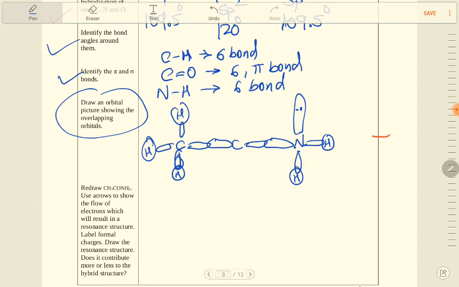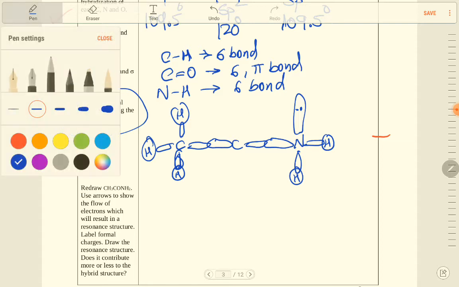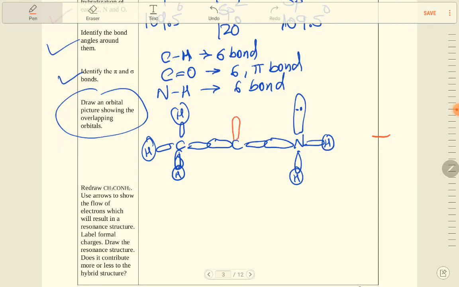Now when we talk about oxygen, let me take this electronegative color. This is oxygen, which has 2 electron pairs.